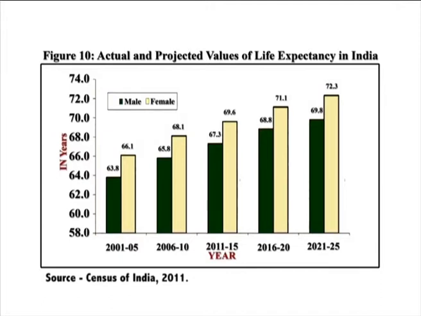It is expected that during 2011 to 2015, the life expectancy would grow to 67.3 years for males and 69.6 years for females, which is further expected to rise to 69.8 years for males and 72.3 years for females during the period 2021 to 2025.